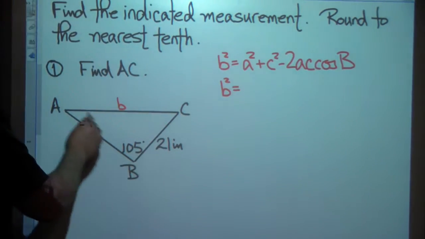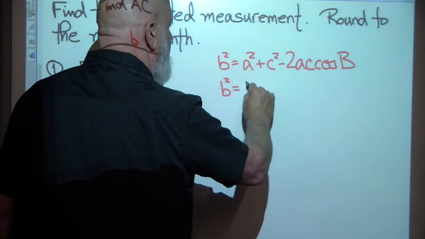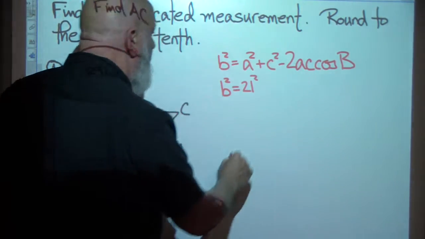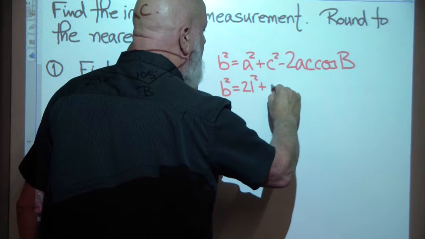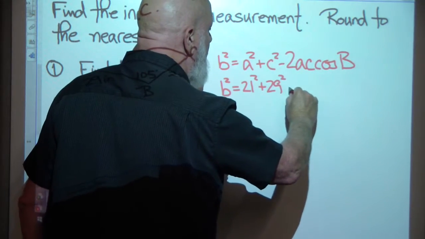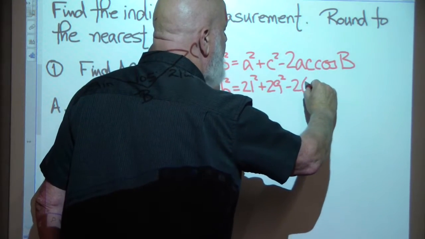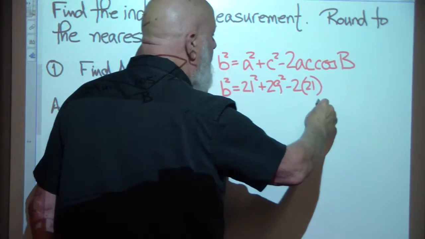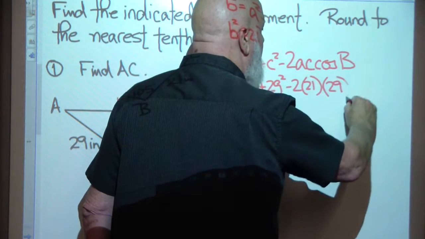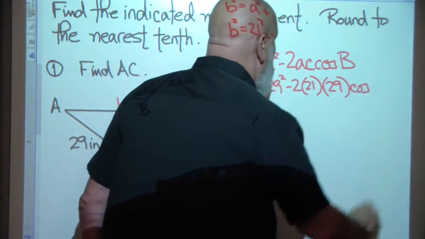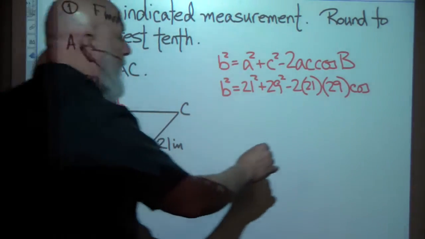It's equal to A squared, that would be 21 squared, plus C squared would be 29 squared, minus 2 times A times C times the cosine of B, which is 105 degrees.